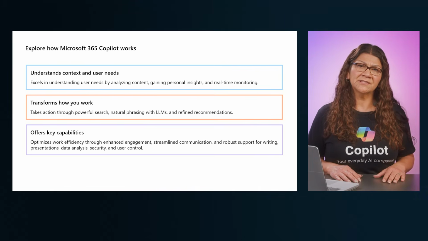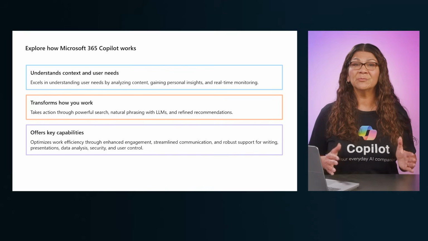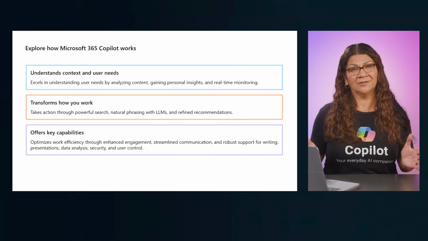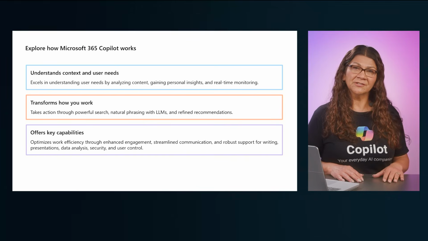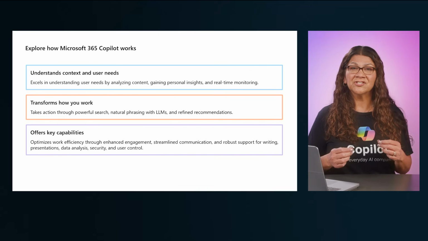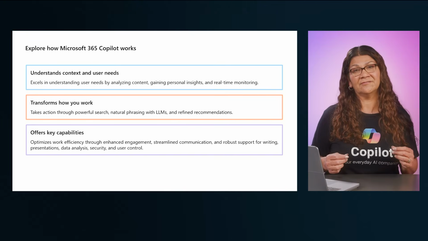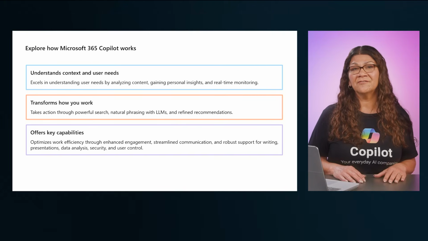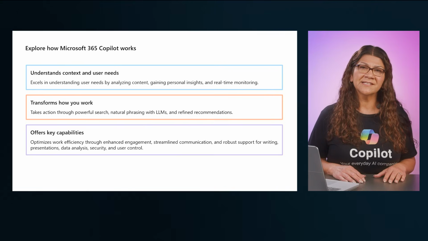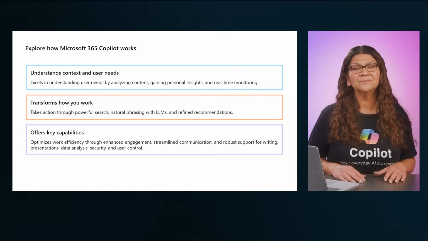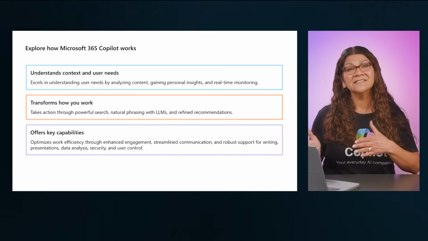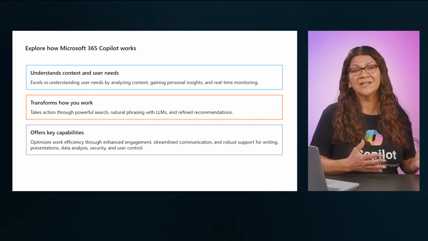In PowerPoint, you can start a brand new deck simply by describing your goal. Copilot will build the structure, condense heavy text, and shape a compelling narrative. In Excel, it can identify trends, create visualizations, and recommend actions, helping you to move from analysis to decision faster than ever.